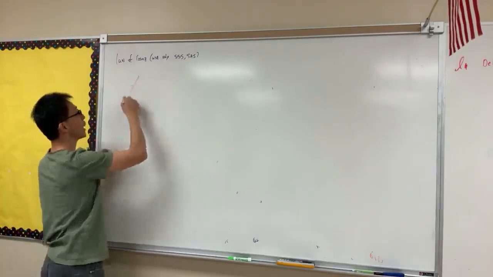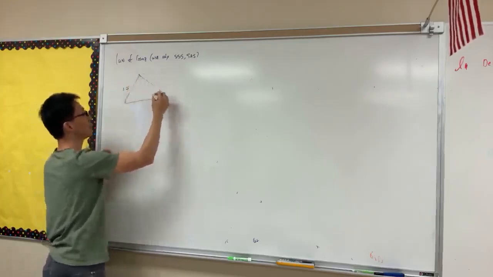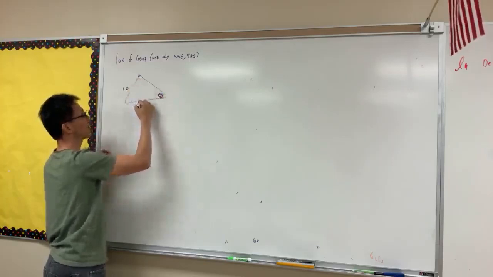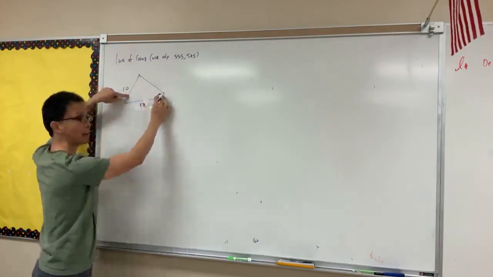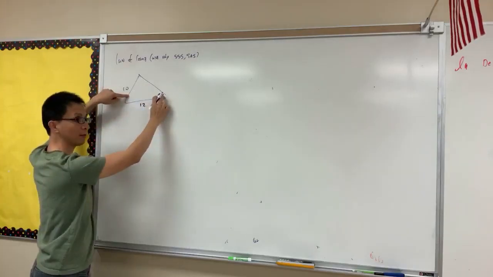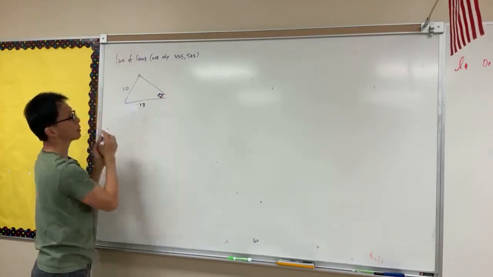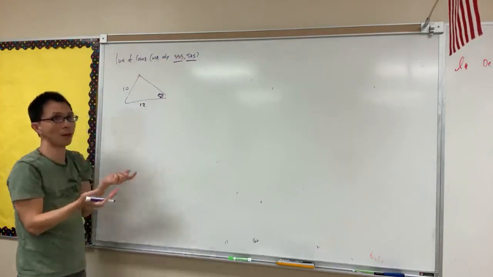So for example, if I have this 10 and have this 5, 50 degrees, and if I have this, I say 12, I can use this matching angle and matching side for law of sine, right? And I can find this using the law of sine. But there are two other cases where it doesn't work. So SSS and SAS, you cannot use law of sine.